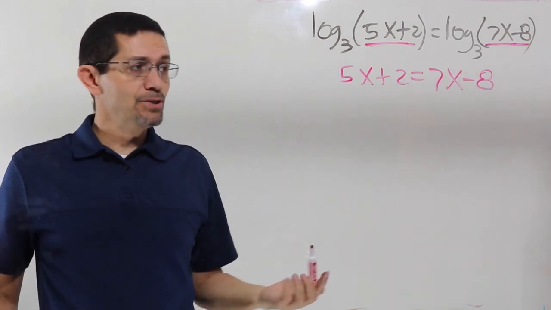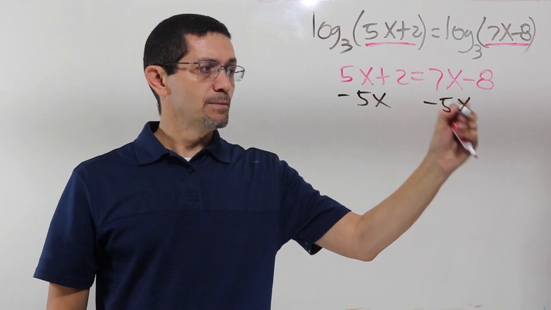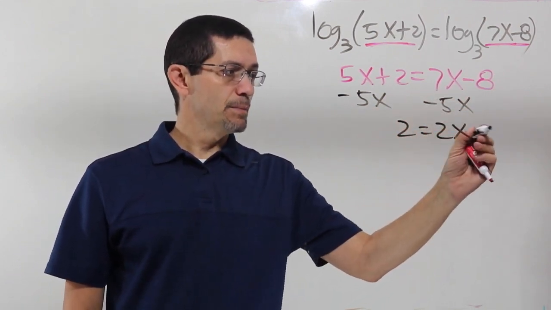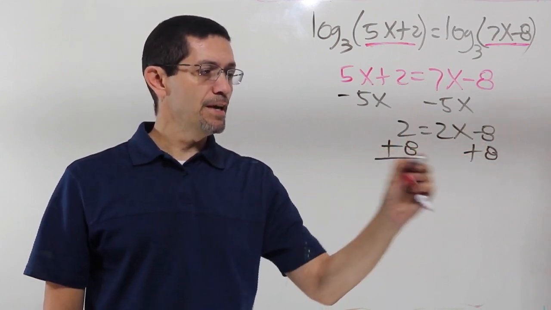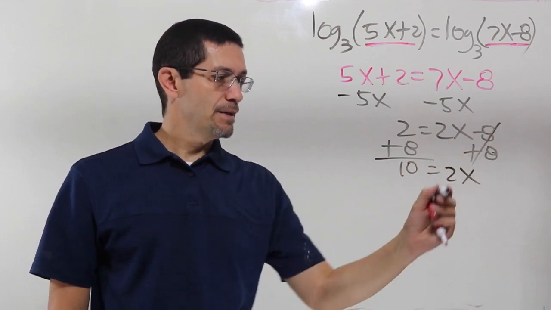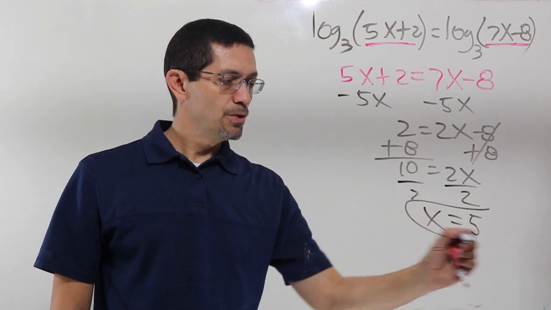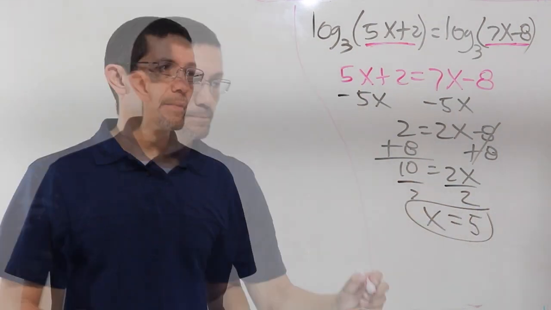And now I have an equation easy to solve. Minus 5x on both sides: 2 equals 2x minus 8. Plus 8 on both sides: 10 equals 2x. Divided by 2, x equals 5. Always go back and plug it in.